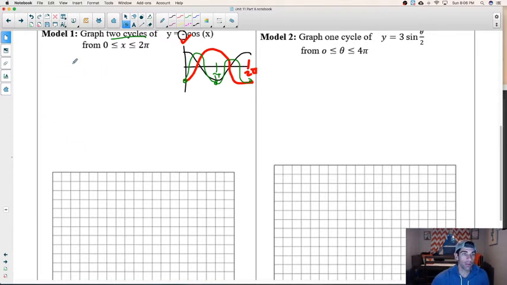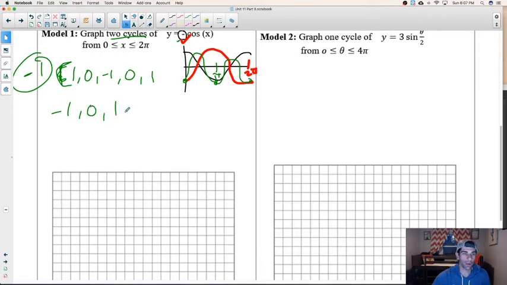So our critical values for a cosine were 1, 0, -1, 0, +1. We said before, multiply those critical values by your amplitude, and in this case it was -1. So it's -1, 0, +1, 0, -1.